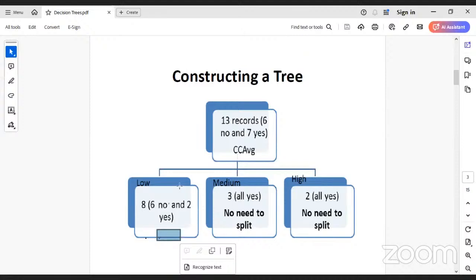So how did we split? We have five independent columns, so we chose CC average. Let us say we applied a mathematical formula, and based on the formula, we identified that credit card average works better. So we have chosen CC average. The CC average column has 13 records.